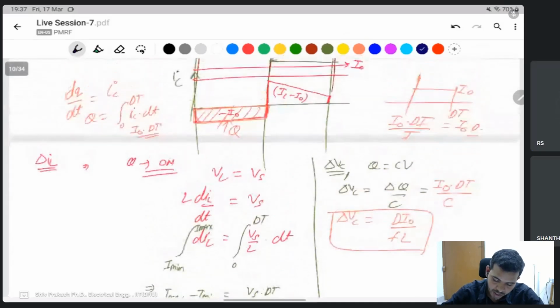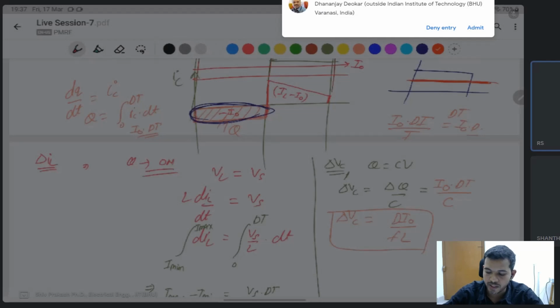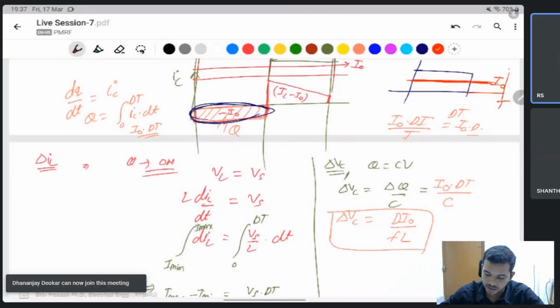No, this one is the total charge, not the average of this one. This one is a different one. If you take the total charge, it means the area of this curve. If you take the average of this one, the average is like this. I naught current into the time it flows is the total charge.